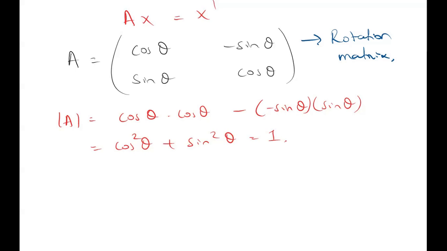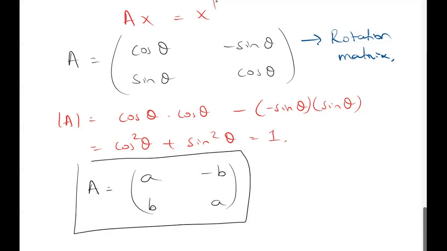And the rotation matrix looks like this; this is the pattern for the rotation matrix. So these are the two things we need to keep in mind: how the rotation matrix looks, and that its determinant should always be equal to +1.